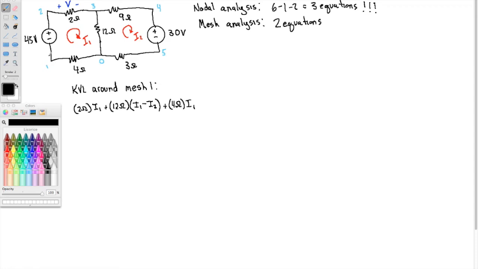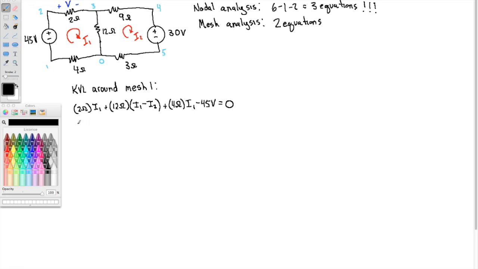That puts me at node 1, and I'm going to go up by 45 volts, so that's an increase. Notice the polarity of the voltage source. So I'm going to increase by 45 volts, so that's a minus 45 volts. And I'm back to where I started, so that is 0. So let me combine some like terms. I've got 2I1 and 12I1 and 4I1.